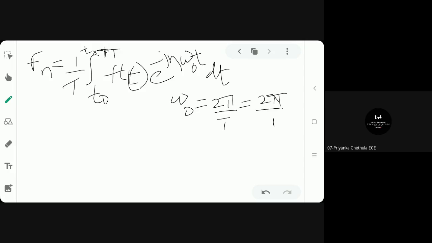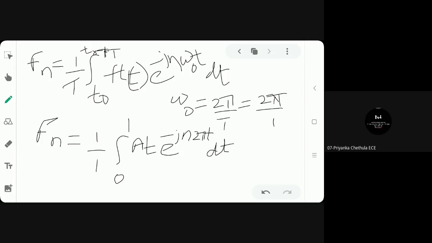So now Fn is equal to 1 by 1 integral 0 to 1. What is f of t? At into e power minus jn 2 pi t dt. Correct?